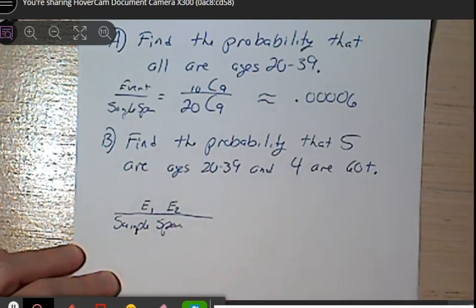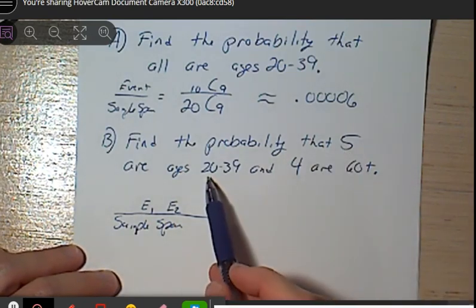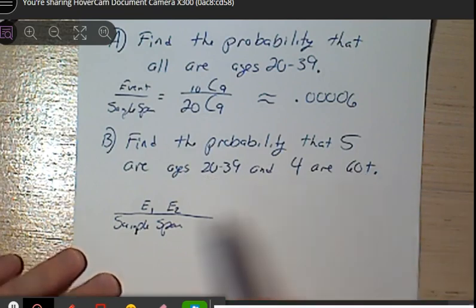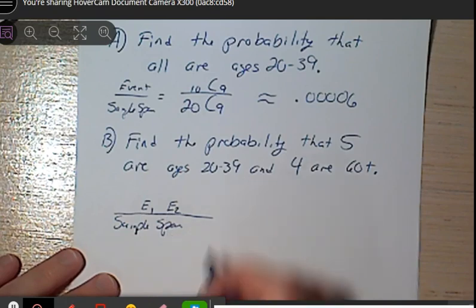This one is going to be a two-part problem because you have two events. You've got to have the event that you're picking 5 from the ages 20 through 39, and then 4 from the 60 plus. So we have event 1 and event 2.